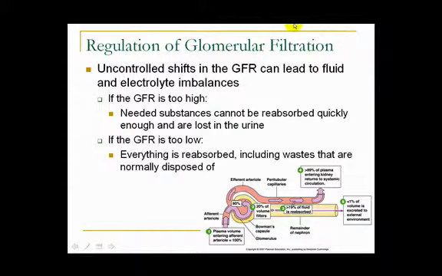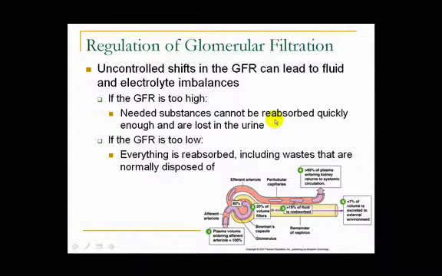Okay, so what will happen is if your glomerular filtration rate is too high, filtrate's going to move too quickly through the nephron, and you won't have time to reabsorb the things you need. To give you an example of things that you need to reabsorb, you reabsorb pretty much all of your glucose, all your amino acids, a lot of your sodium, a lot of your water.